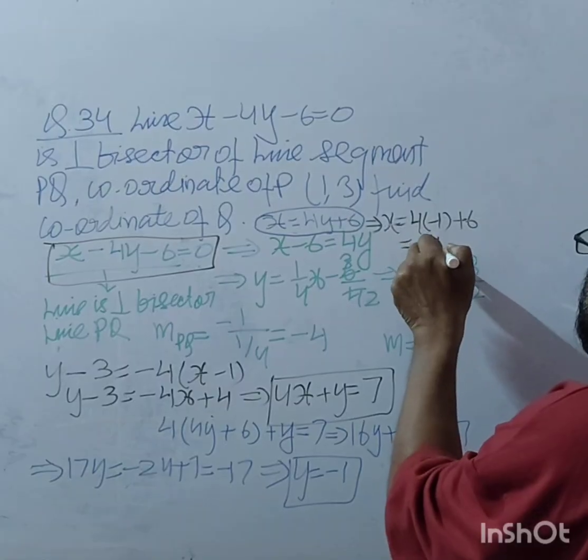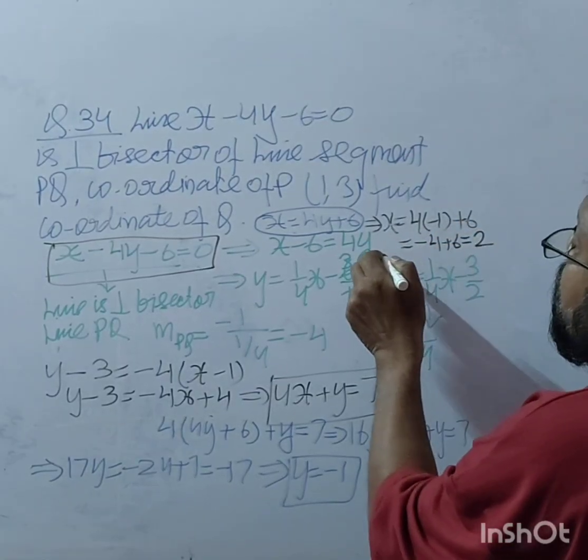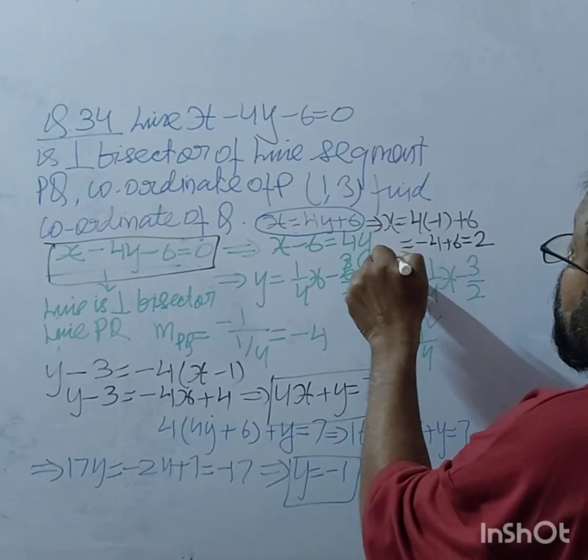Minus 4 plus 6 is equal to 2. So x is equal to 2.